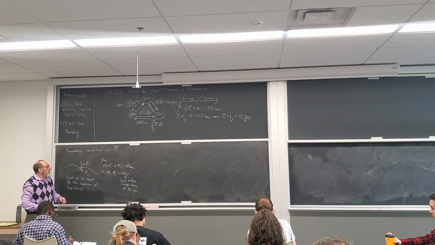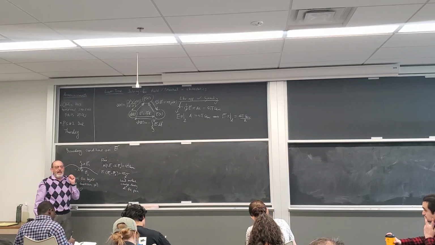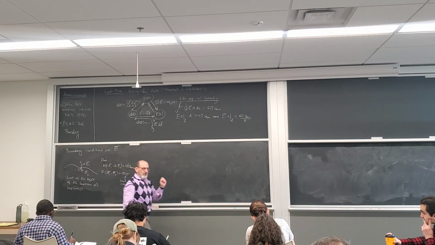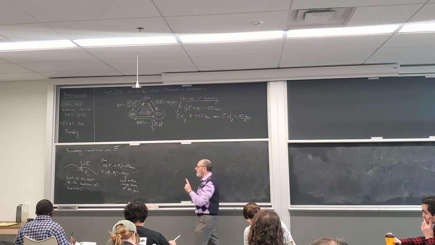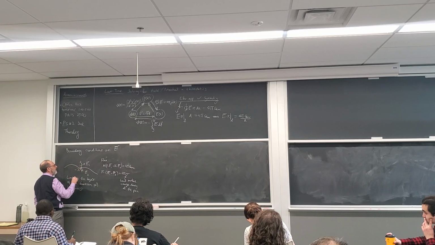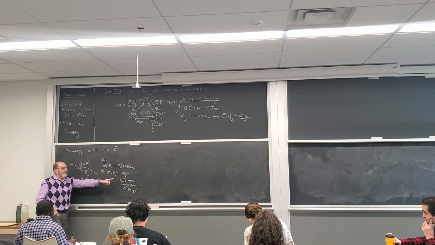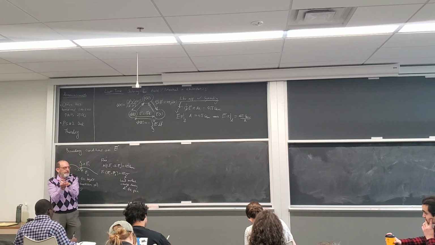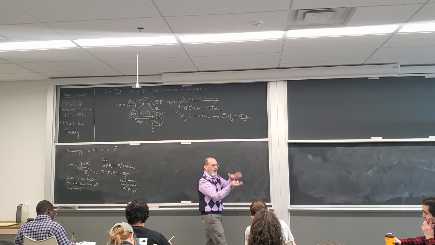Okay, so what this tells me is that there is a discontinuity. The component of the electric field that is normal to the surface will be discontinuous if there is surface charge density, if there is a charge density that's concentrated on the surface.